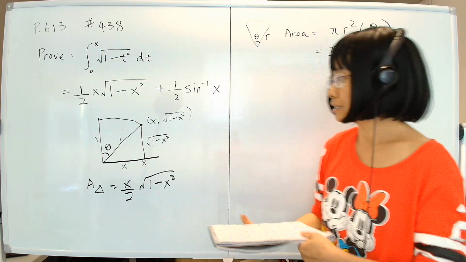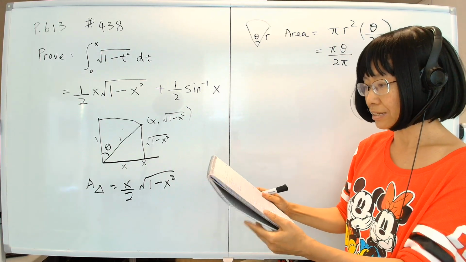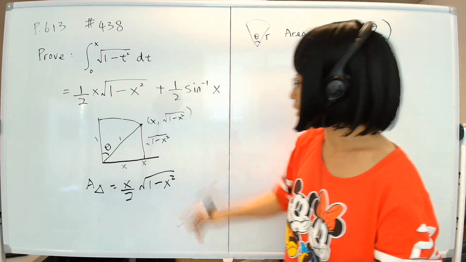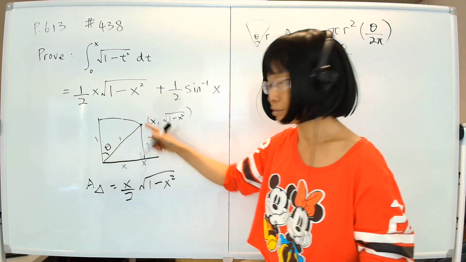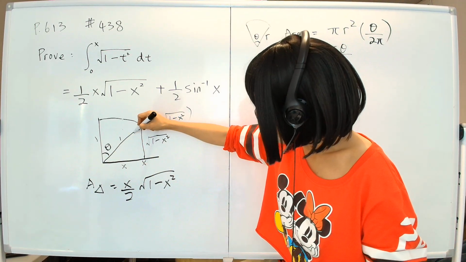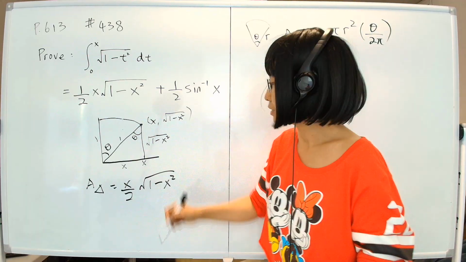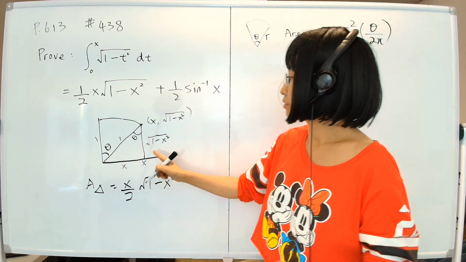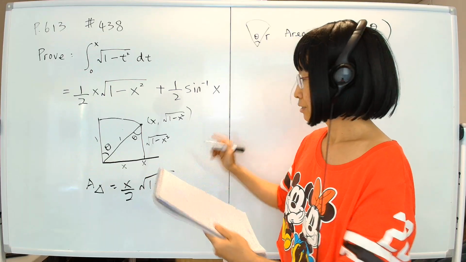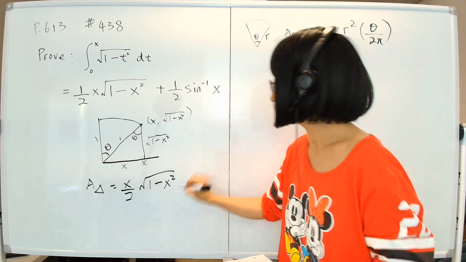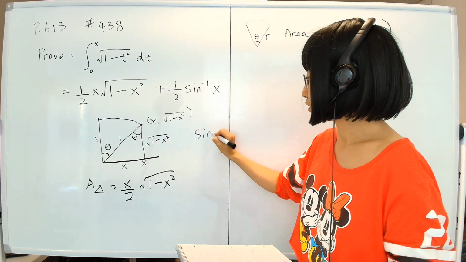Next we need to figure out what theta is. We know that this is theta, which by the rules of geometry, so is this. More importantly, you notice the sine of theta equals x.